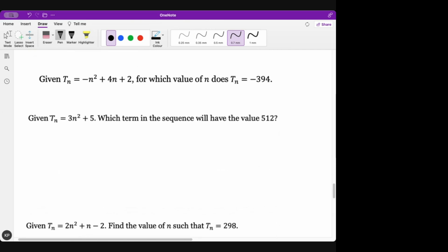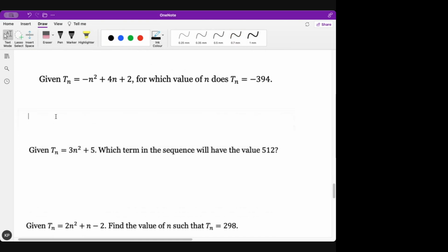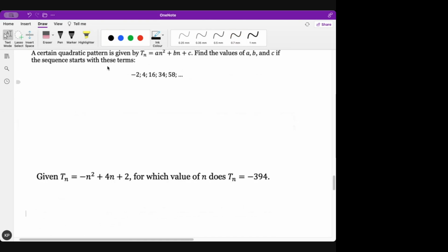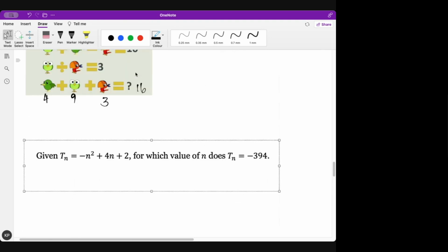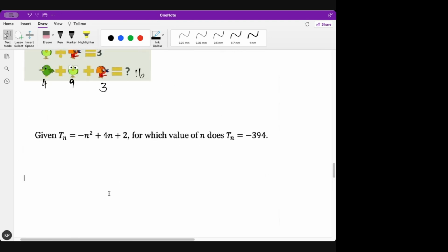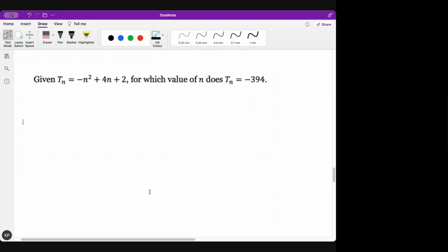Let's go with this guy. We haven't done these ones yet, so I think it's time. Okay, so now we have been given the actual general term or formula, okay?